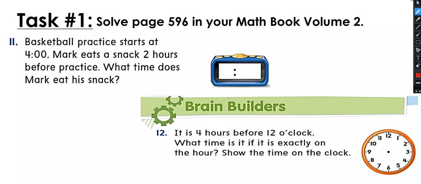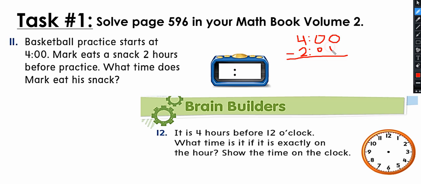So when we talk about before, that means we need to count back because it happened before. So if he starts at 4 o'clock, but he eats a snack 2 hours before, so we need to minus 2 hours.